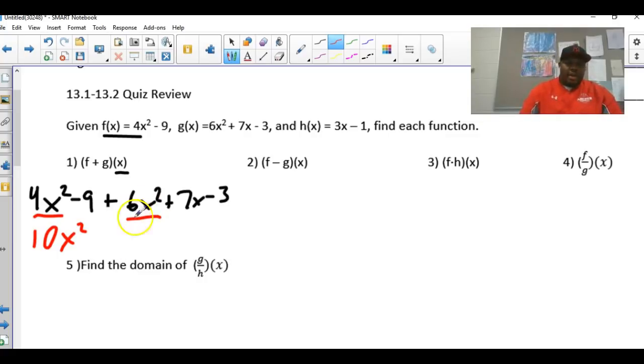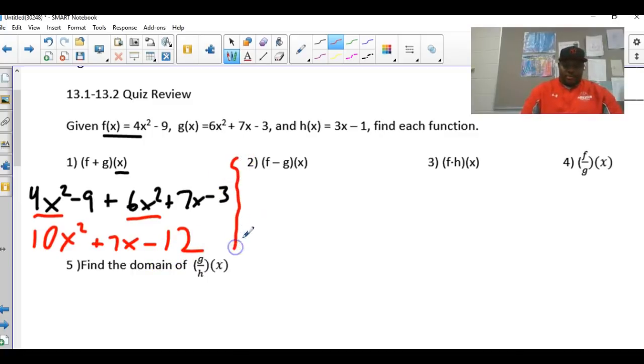You do not add the variables and their exponents. Now we have 7x. That's the only x term with a degree of 1, so we're going to keep that, 7x. And then we have negative 9 minus 3, and that's going to be negative 12. Here is your final answer for this one: 10x squared plus 7x minus 12.